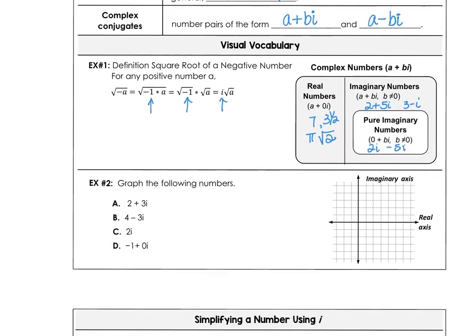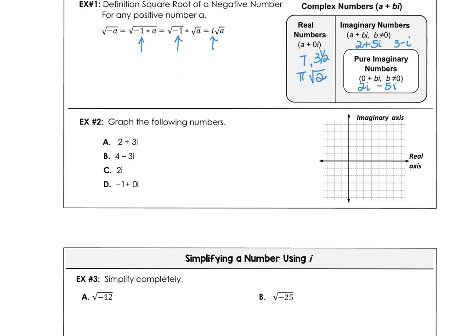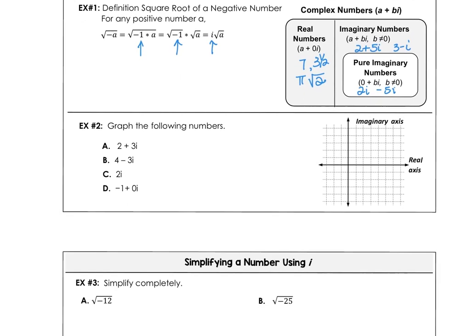When we graph imaginary numbers, the real part is the x-axis. So the real part is the real number, and the imaginary part is the complex or y-axis. So if we wanted to graph 2 plus 3i, we would come over to 2 on the real axis and go up 3 on the imaginary axis, and that point would be the representation for the graph of that complex number.